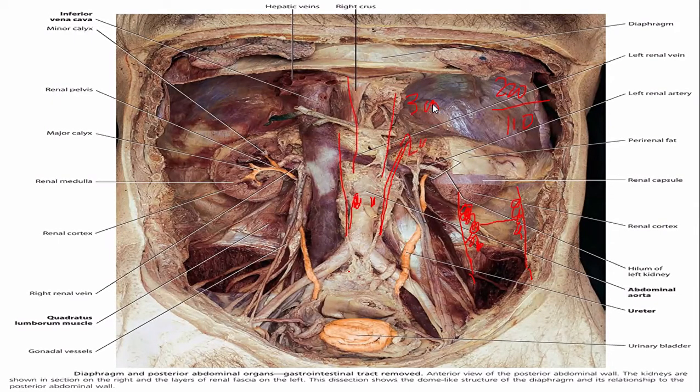Then at this level here, doctor, it should be 1. At the level of the junction where it crosses to become the right and left iliac, it's already 1 cm. Now, they say that an aneurysm is more than 3 cm in diameter of the aorta.